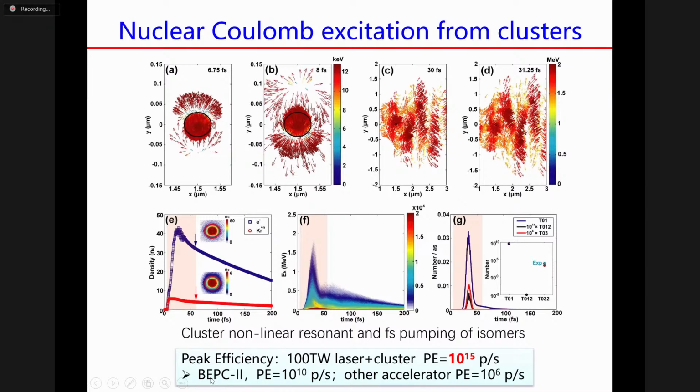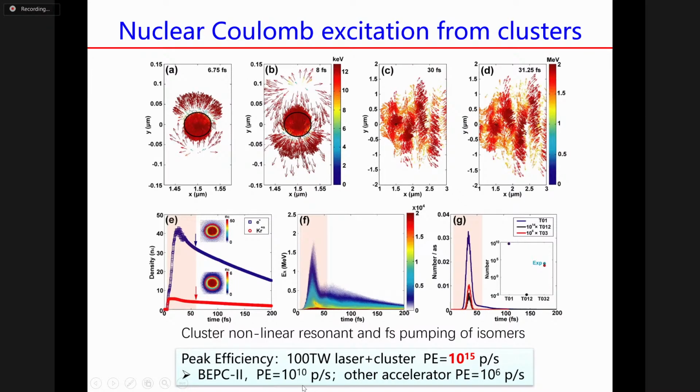After our calculation, the peak pumping efficiency is 10^15 particles per second. So it's a very high number.